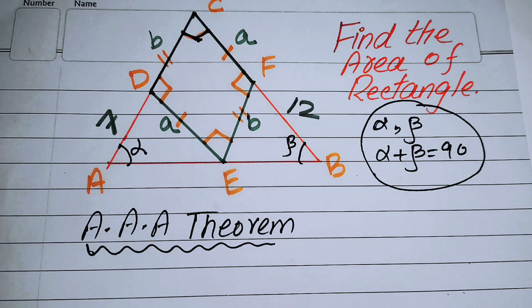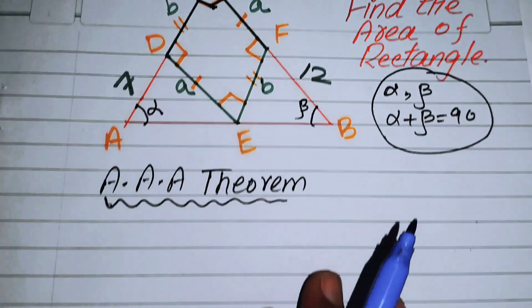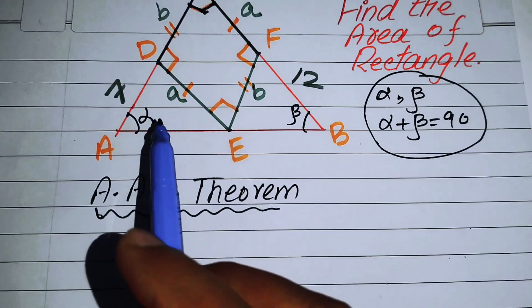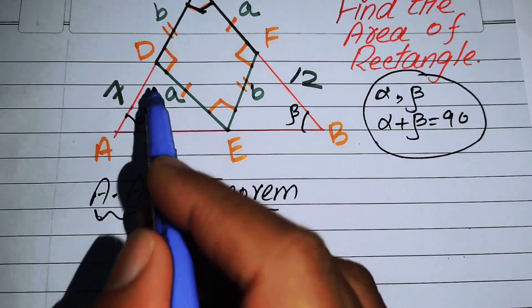Two triangles are said to be similar if the corresponding angles in the triangles are equal. Now first focus on triangle ADE.